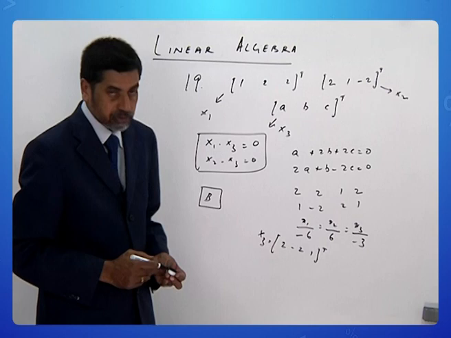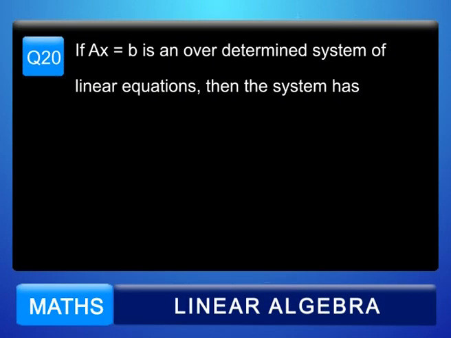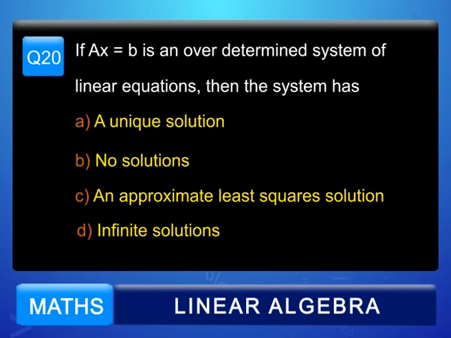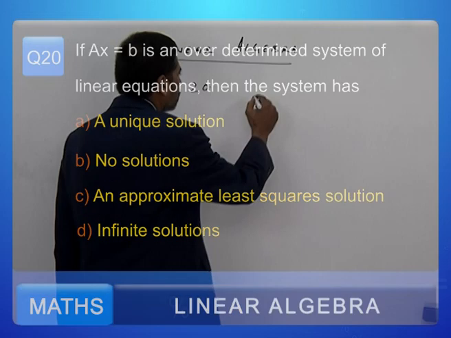Next question please. Question number 20. If Ax is equal to B is an overdetermined system of linear equations, then the system has what type of solution? This is the question.